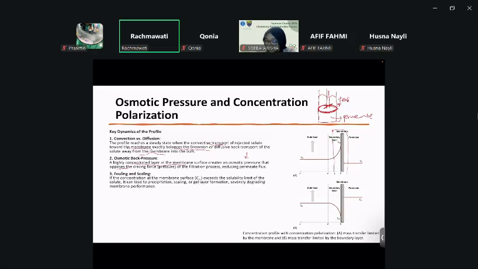And then there is also fouling and scaling. So imagine that you have a membrane and then you have a very high concentration on top of it and it exceeds the solubility limit of the solute, then it can lead to even precipitation.